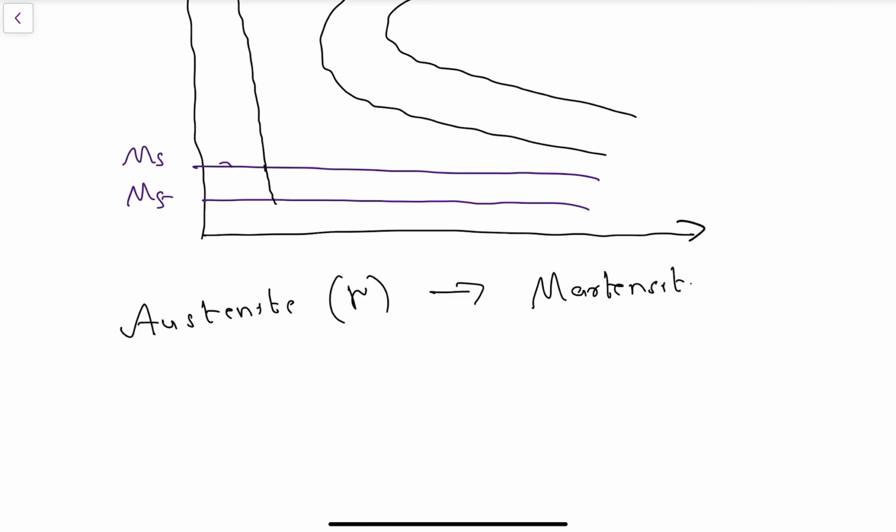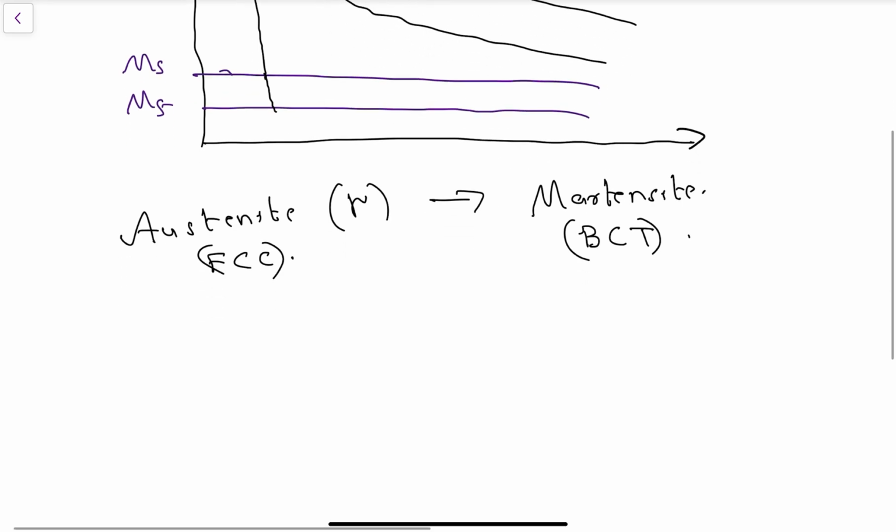What happens to the density? We have discussed that martensite has a body-centered tetragonal structure, and austenite has a face-centered cubic structure. Tetragonal means one edge of the cube is greater than the other edge.